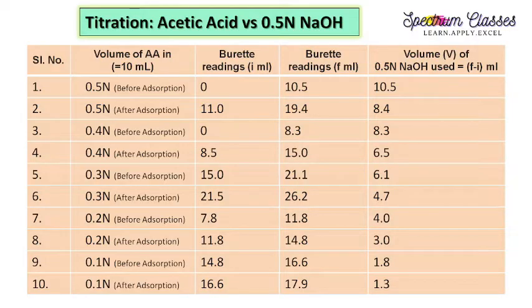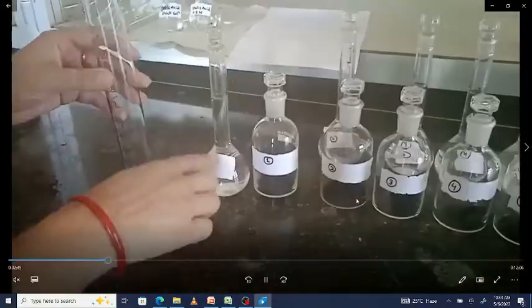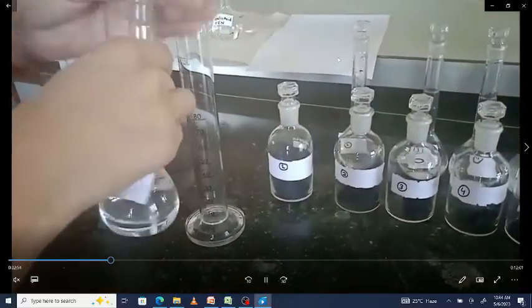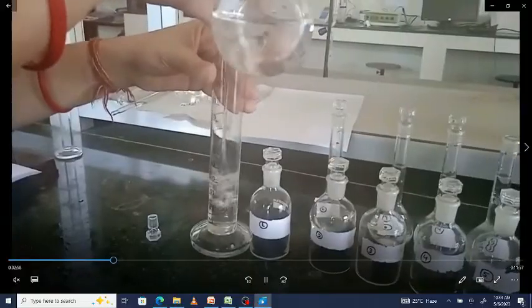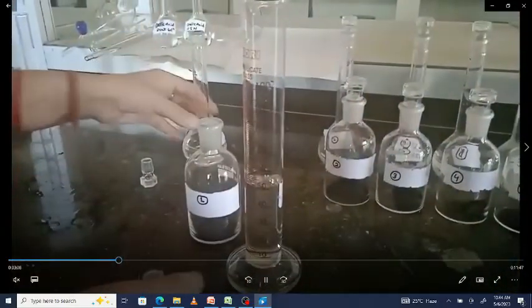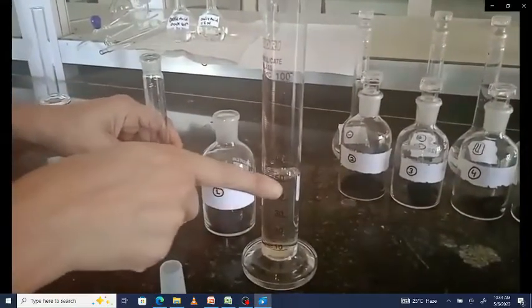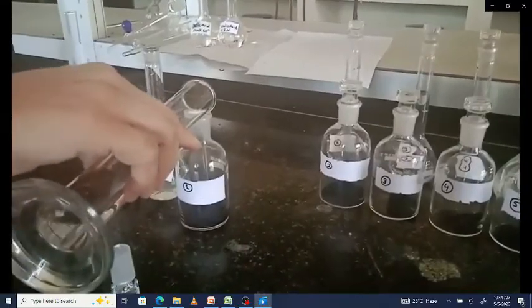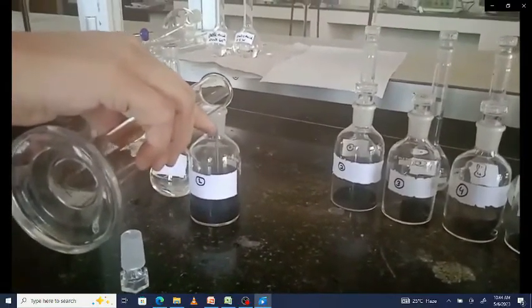So first I will show you what is called before adsorption and what is called after adsorption. So here are our 0.5 to 0.1 normal acetic acid, and these are our reagent bottles which contain 1 gram of activated charcoal. I have taken 50 ml of this from the bottle, this is before adsorption, and I have taken 50 ml of this and added it to the reagent bottle, right? 50 ml.